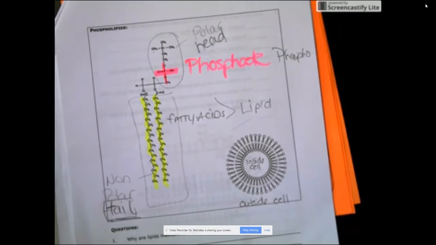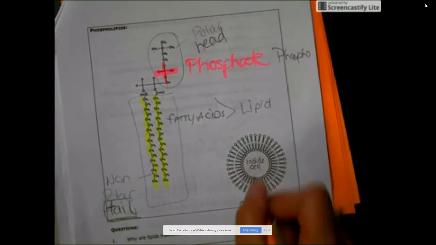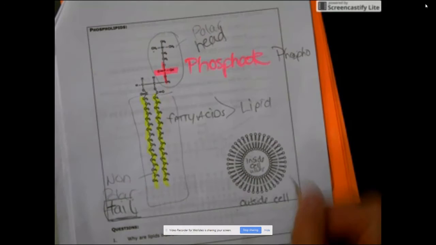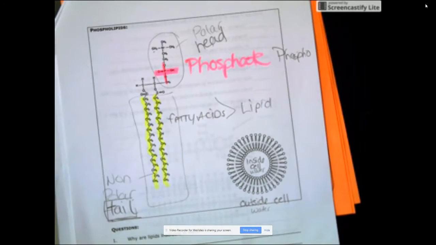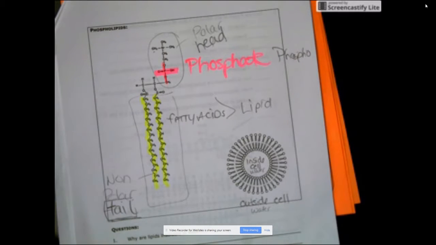So what I'd like for you to do is in pink, label the polar heads on this, and label in yellow the tails on this picture. So get out your pink and yellow and relabel it. Take a second to do that.